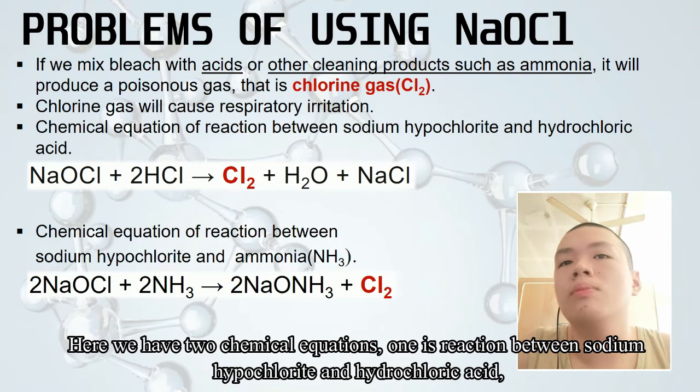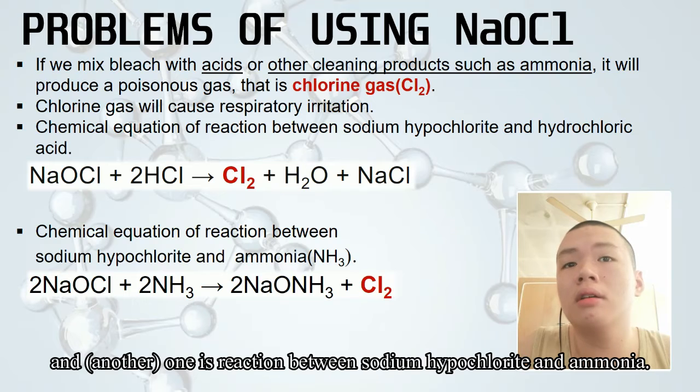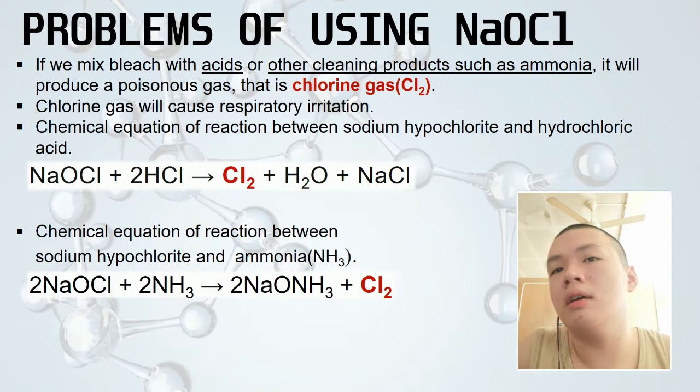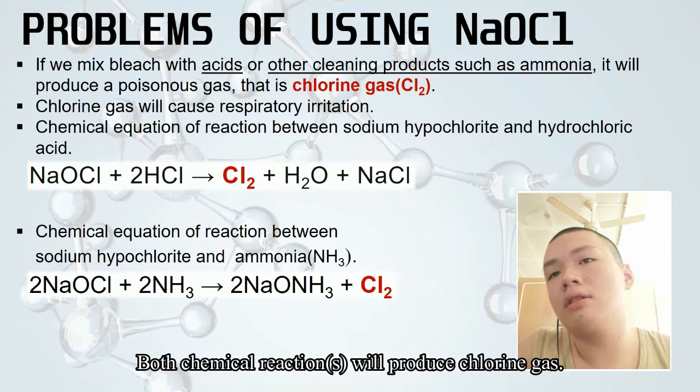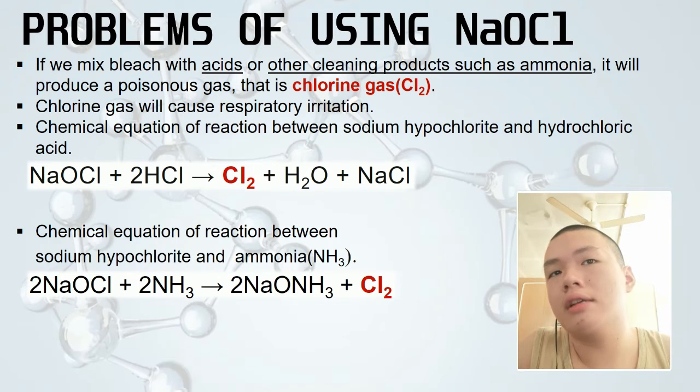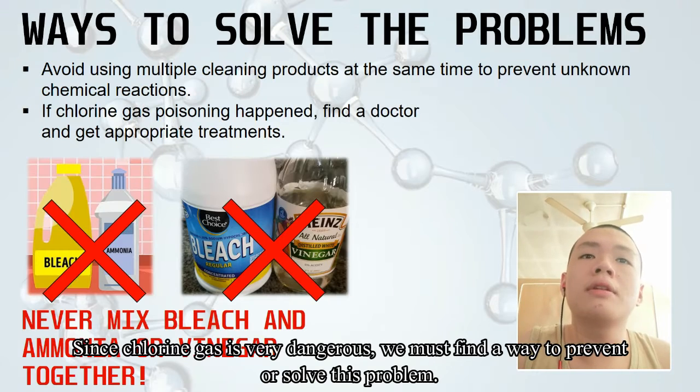One is the reaction between sodium hypochlorite and hydrochloric acid, and one is the reaction between sodium hypochlorite and ammonia. Both chemical reactions will produce chlorine gas. Since chlorine gas is very dangerous, we must find a way to prevent or solve this problem.